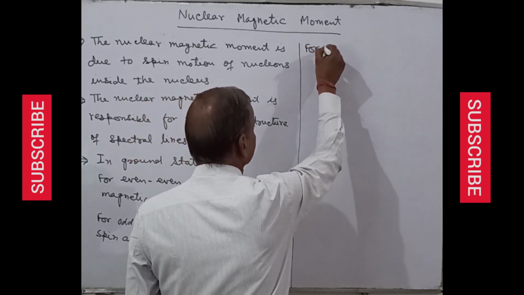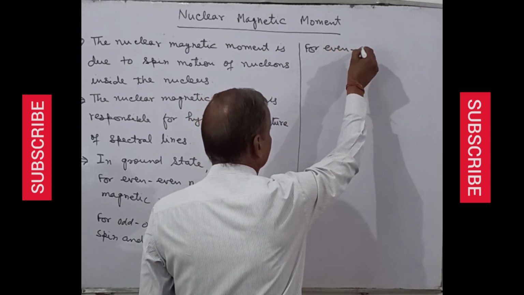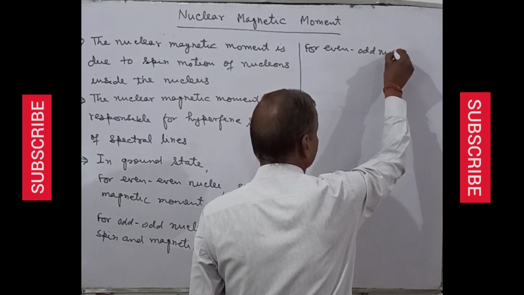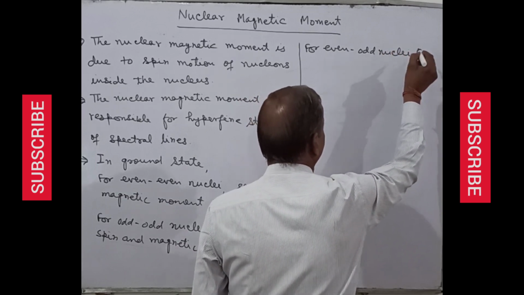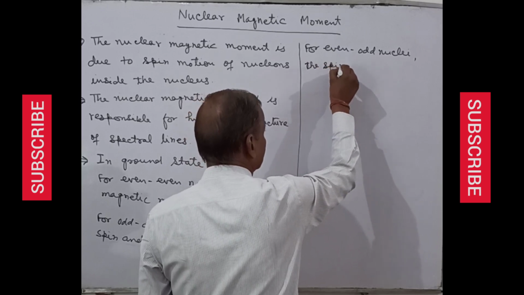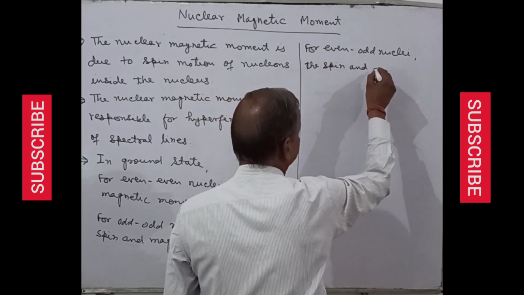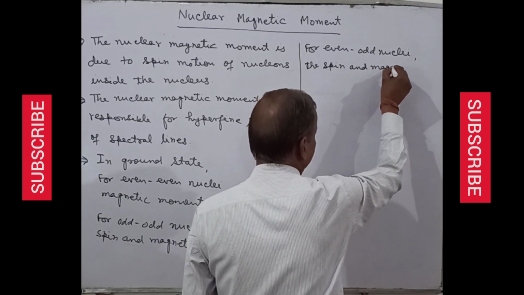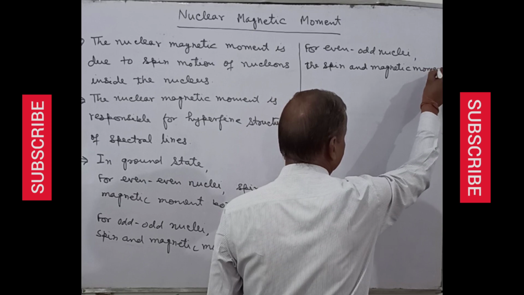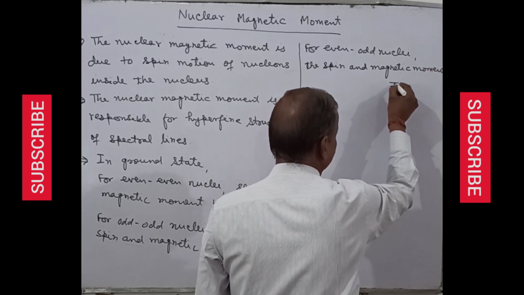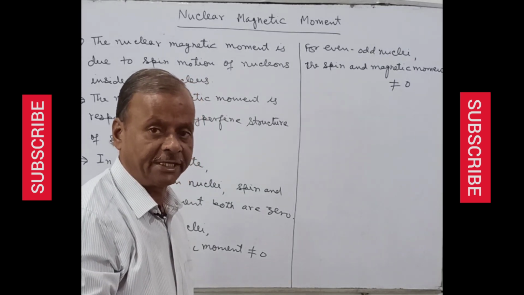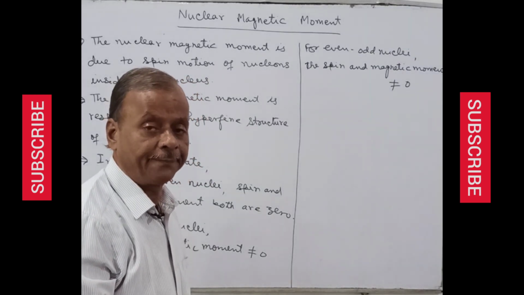For even-odd nuclei, the spin and magnetic moment are not equal to 0. So the magnetic moment is attributed to the unpaired nucleons.